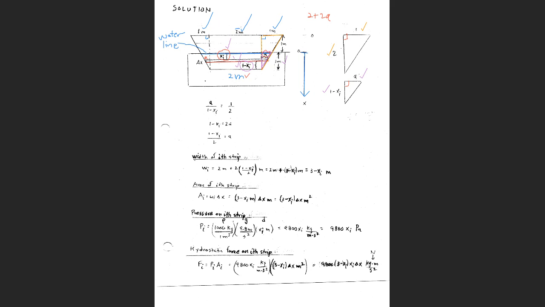And so therefore, by similar triangles, A divided by 1 minus xi is equal to 1/2 on the bigger triangle. The sides are in proportion. And therefore, A can be shown to be 1 minus xi divided by 2.